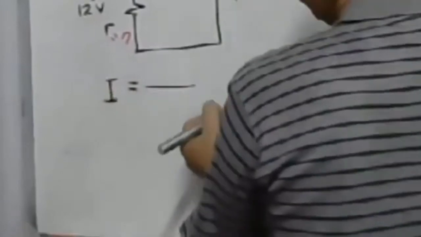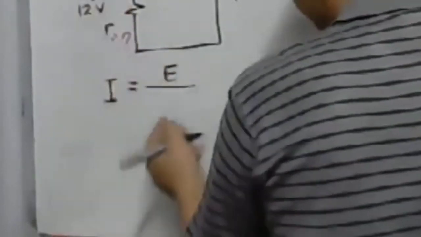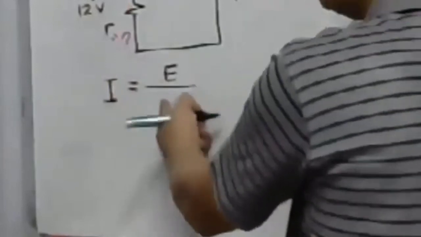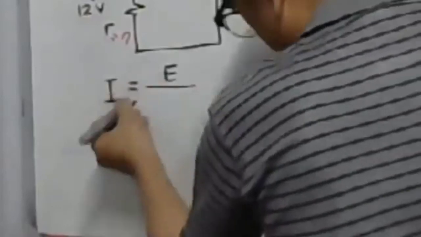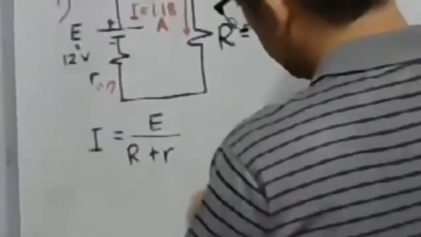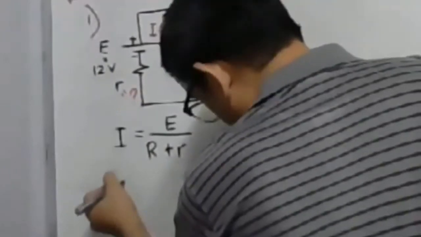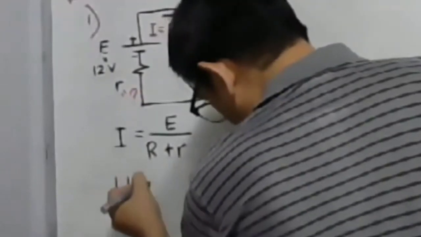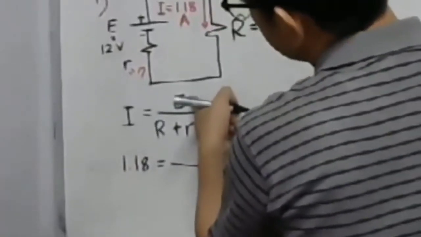What is our total voltage? E, over the total resistance. What is our total resistance? Our total resistance is simply equal to the big R plus the small r. Okay, that's it. Just have to substitute the values. We have 1.18 amperes, and our E is equal to 12 volts.